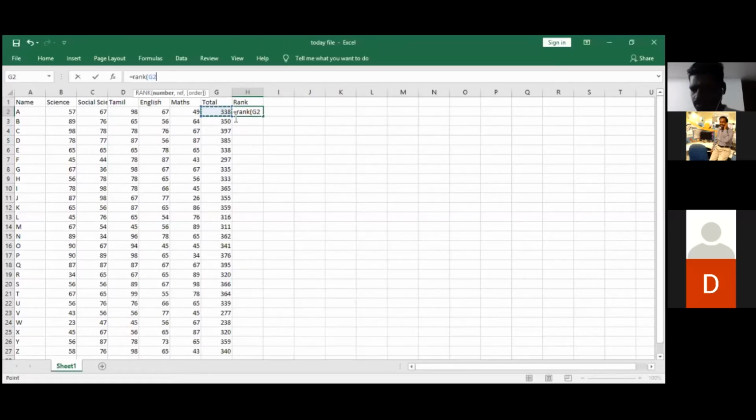The reference is G2. G2 cannot move when you scroll down to the second row, third row, so you put in the dollar symbol.